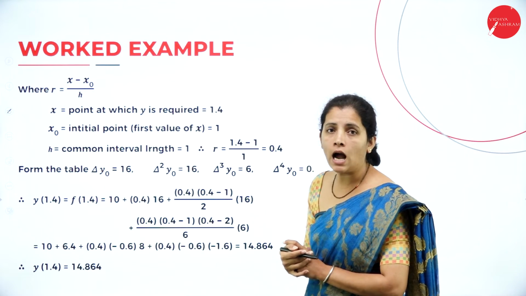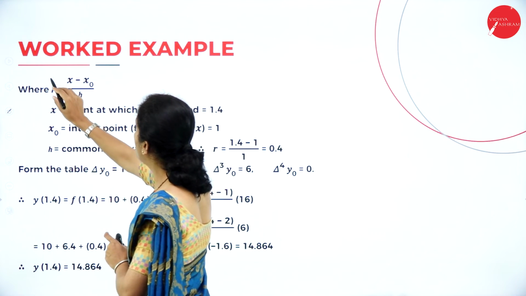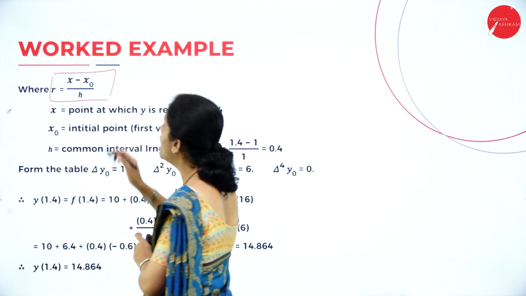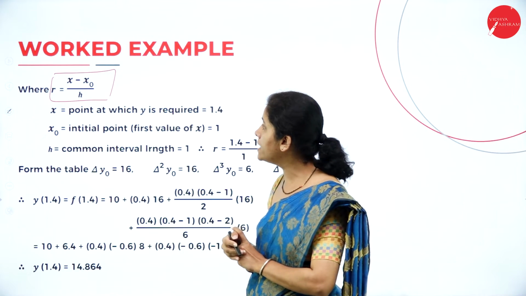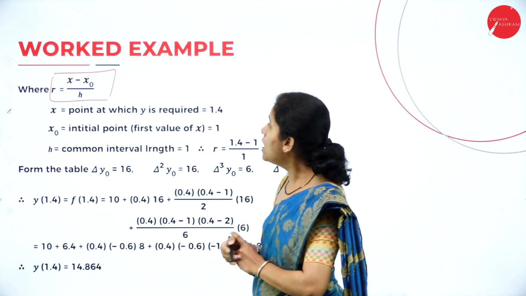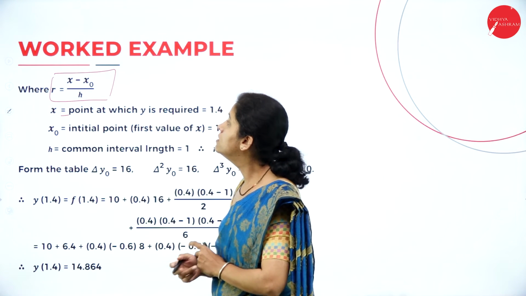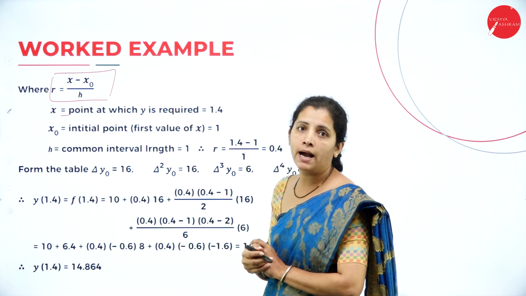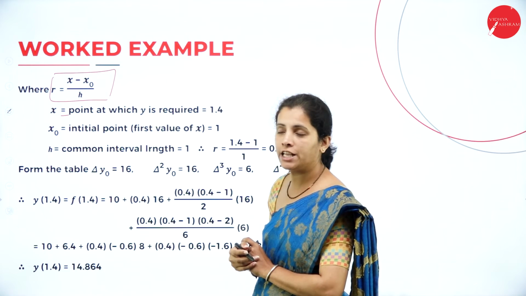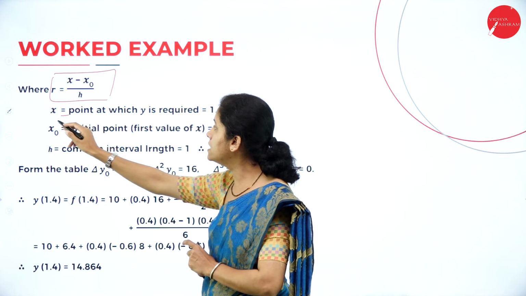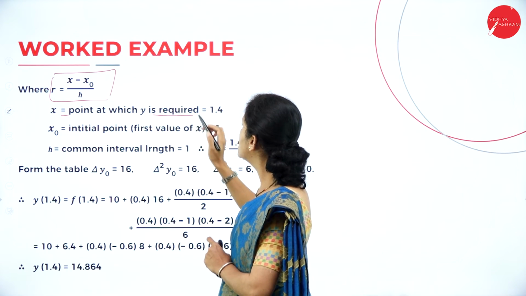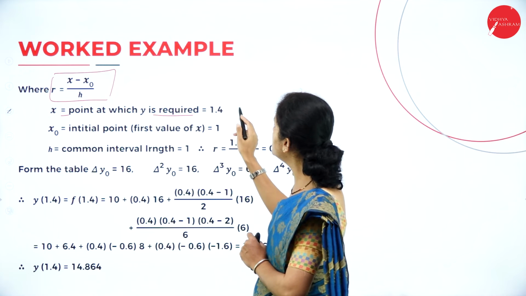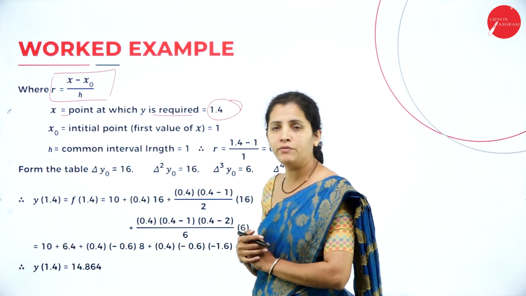To find r, I have the formula: r equal to x minus x naught divided by h. So what is x here? A point at which y is required. In the question they mentioned it is 1.4.